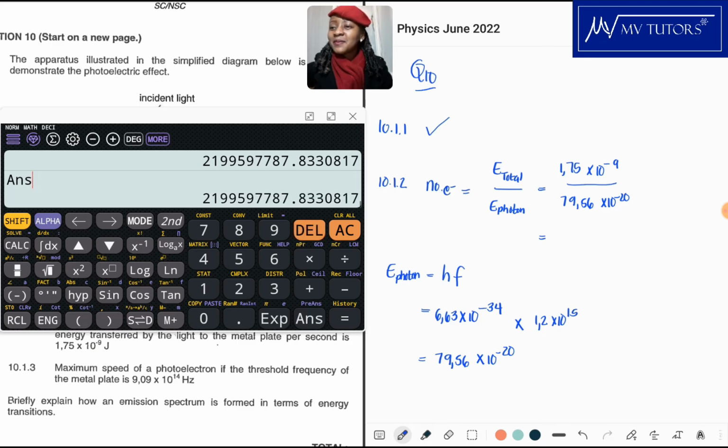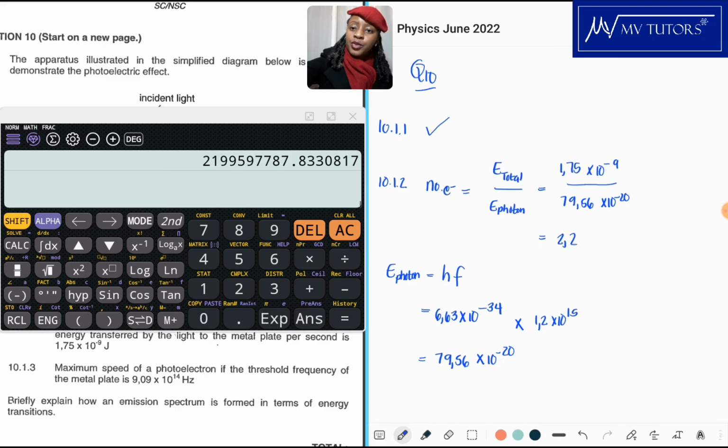This is the answer that it gives. I have 2,20 times 10, now let's count: 1, 2, 3, 4, 5, 6, 7, 8, 9. So it's times 10 to the 9. Times 10 to the 9 is billion, so we have 2,2 billion electrons.